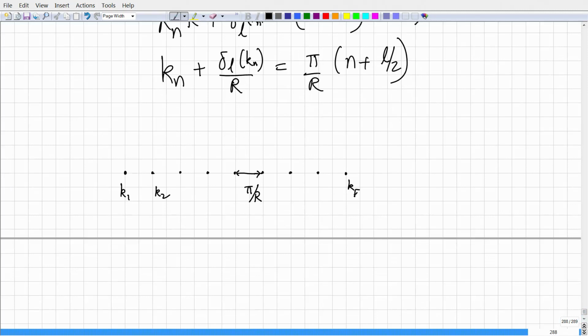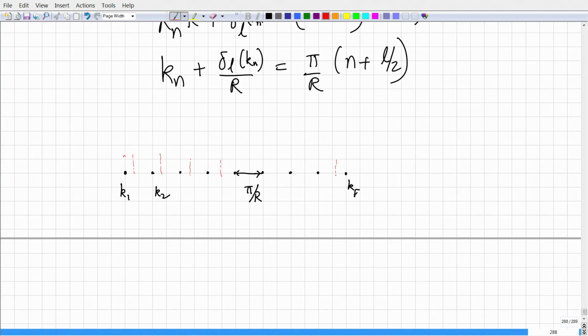Now, what happens when I have an impurity? When I have an impurity, then these points will shift somewhat, in the sense that the new ones are going to be somewhere here for K1, let us say. For K2 it may be somewhere here, for K3 it may be somewhere here, for K4 it may be here, and again for K near Kf it may be this.